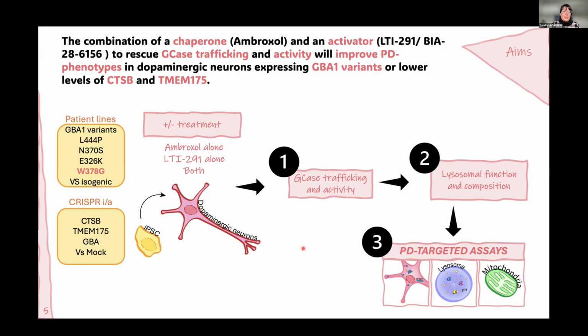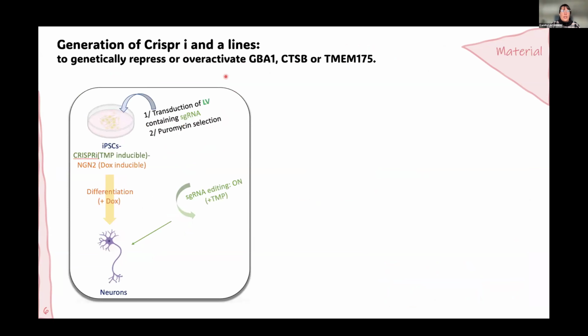So first, I've been working on making the CRISPR-A and CRISPR-I lines. To give you a brief introduction, the iPSCs contain a CRISPR-A or CRISPR-I that is TMP inducible. We infect with lentivirus containing the guide RNA and select with puromycin.